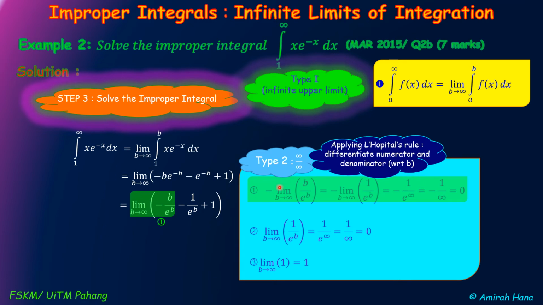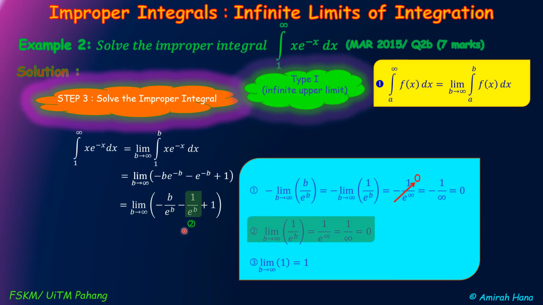We differentiate b, which equals 1, and we differentiate e to the power of b, which equals e to the power of b. After that we can substitute the limit into b here. So we have 1 over e to the power of infinity, and 1 over infinity is 0. So the answer is 0.